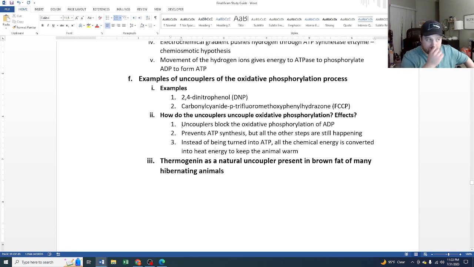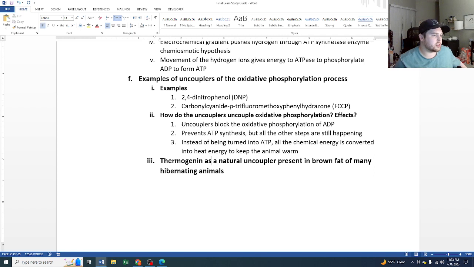But the uncouplers block the oxidative phosphorylation of the ADP to prevent ATP synthesis. So all of the other steps before this happen, but instead of it turning into ATP, the chemical energy is converted into heat energy to keep the individual warm.